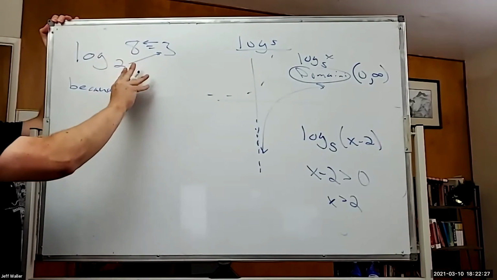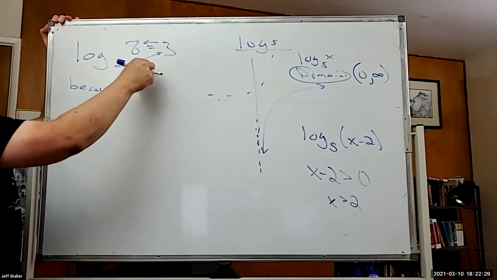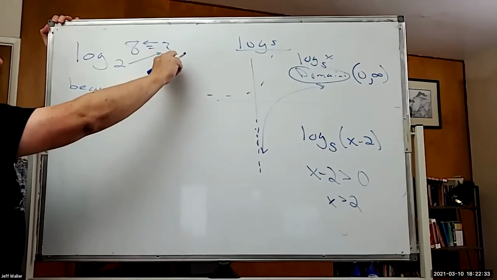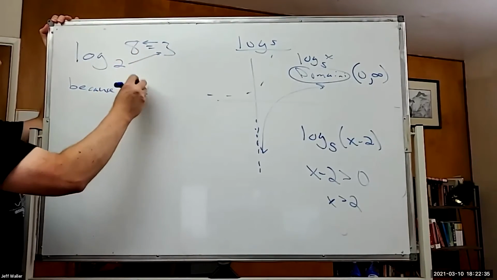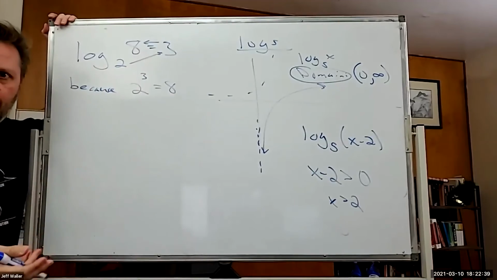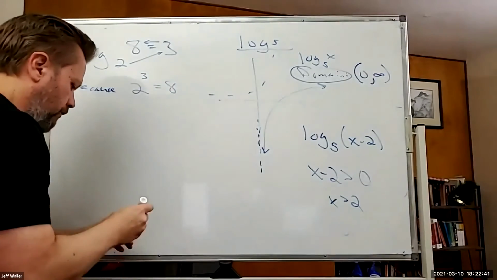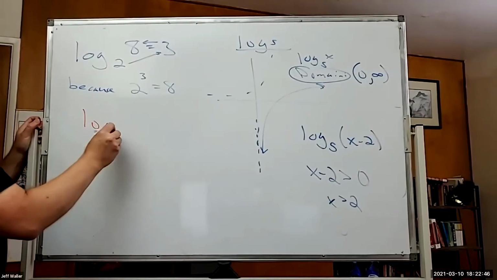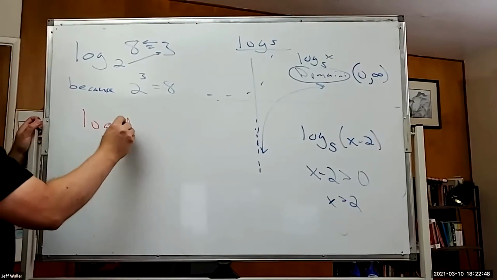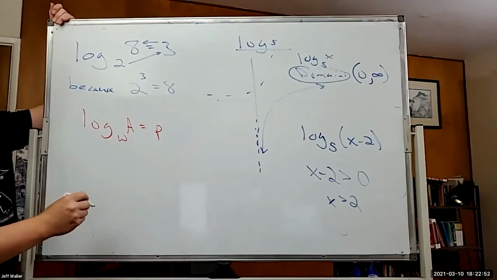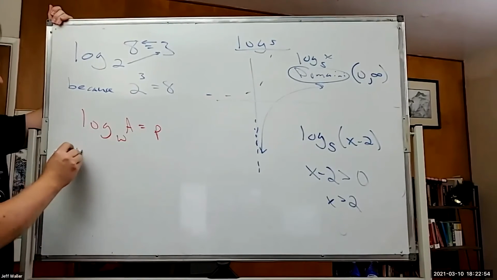So I can always rewrite a logarithm in exponential form. 2 to the third power equals 8. And of course, I could do it vice versa. I can do it the other way around. So if I give you a logarithm, let's say log base W of A equals P, how would I rewrite that in exponential form?